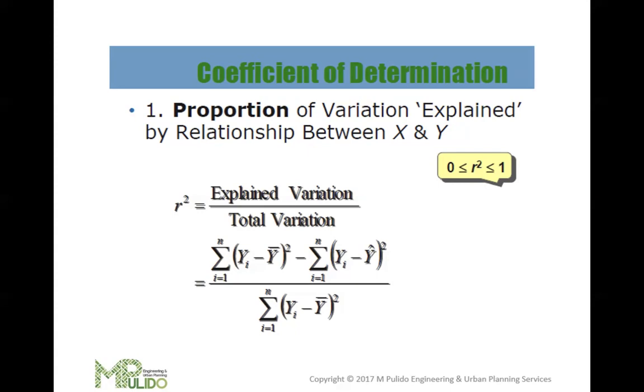For example, an R square value of 0.8 means that 80% of the variability in the dependent variable can be explained by the independent variable. Later I also prepared calculation examples where we have data for variables x and y, and then we solve for y prime.